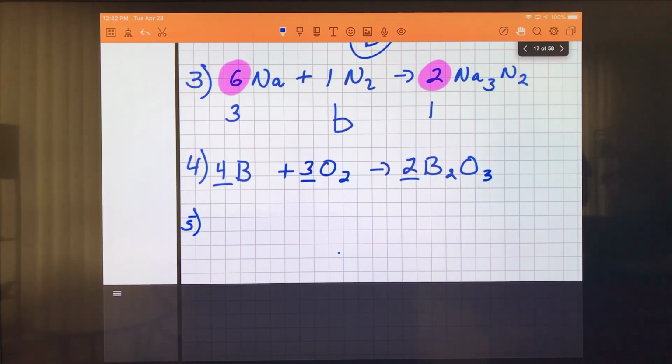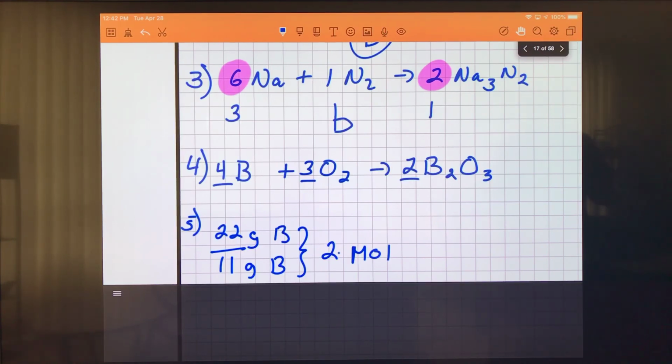Okay, so now in number 5, what I wanted to know is if I use 22 grams of boron. I need to go back and look at my periodic table, and when I do, I see that 1 mole of boron is 11 grams. And so 22 divided by 11, divided by the atomic weight, just like in our stoichiometry, is 2 moles.